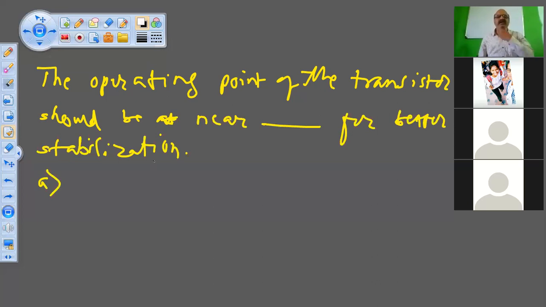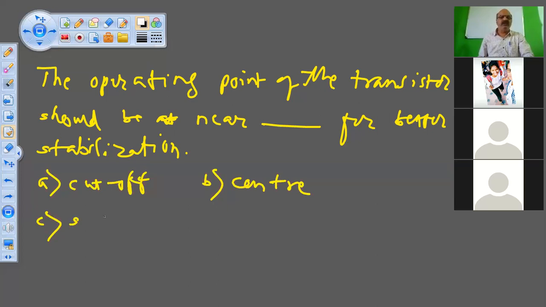A, it should be near cutoff. B, should be near the center. C, it should be near saturation. D, none of these.